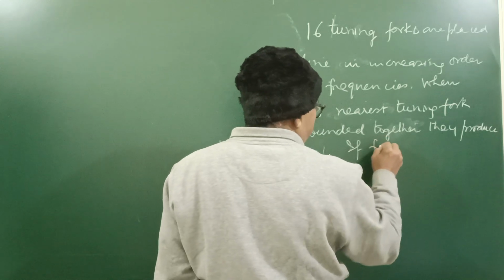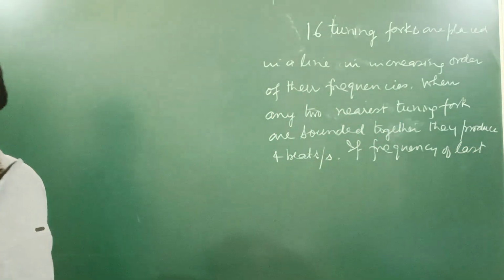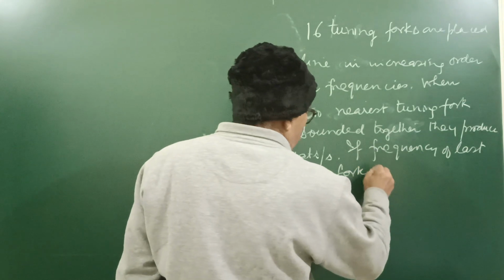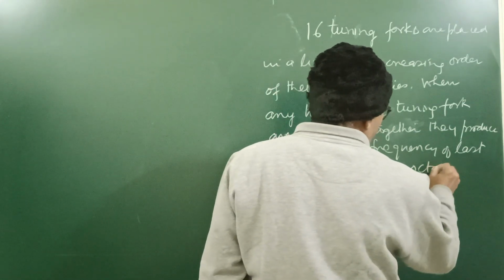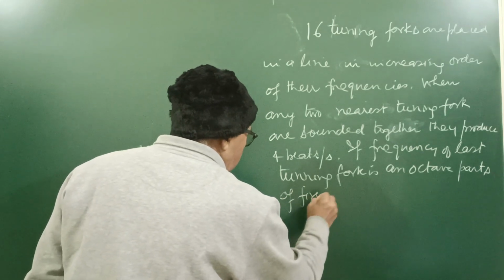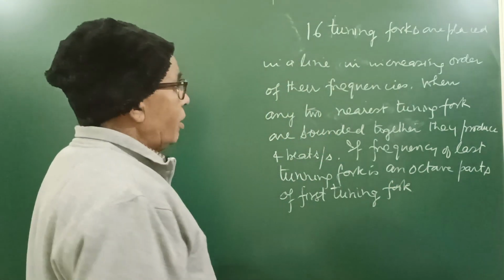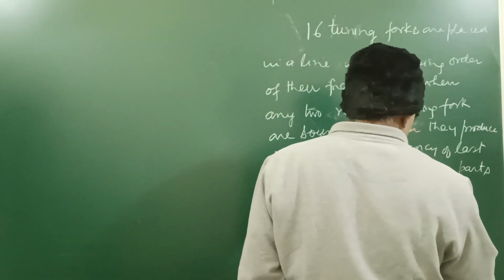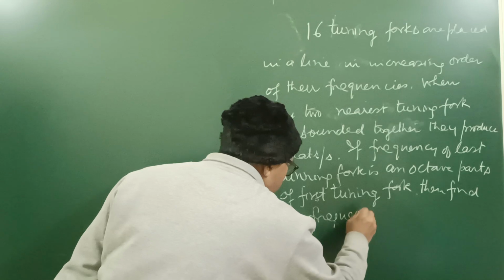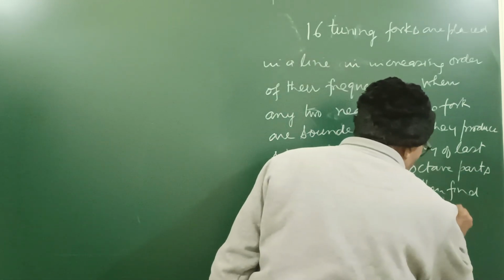If the frequency of the last tuning fork is an octave apart from the first tuning fork, then find the frequency of the first tuning fork.